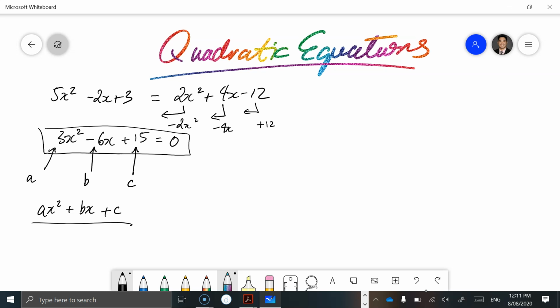Okay. So now we get to this point and we want to solve and work out what these x values are. We'll start off with something simple, and let's say we have 2x squared minus 18 equals 0. We want to solve for x. Just like any linear equation, we want to know what x equals.